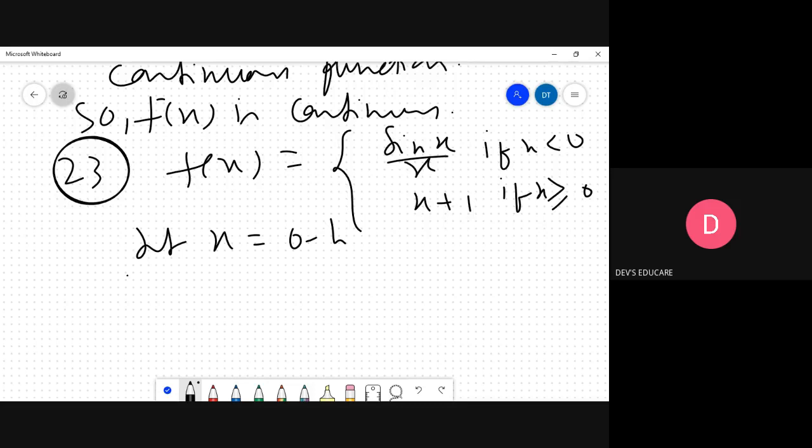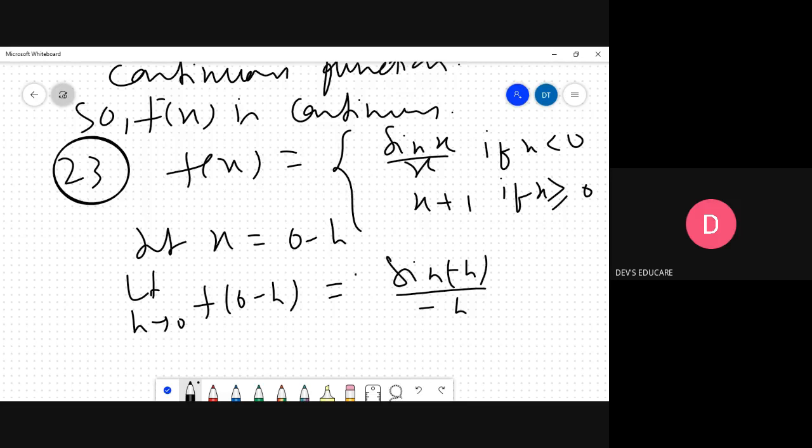Limit h tends to 0, f of 0 minus h will be sine of minus h upon minus h. Sine minus h is minus sine h, so minus sine h upon minus h. Minus got cancelled, and limit h tends to 0, sin h by h is 1. You studied this in class 11.